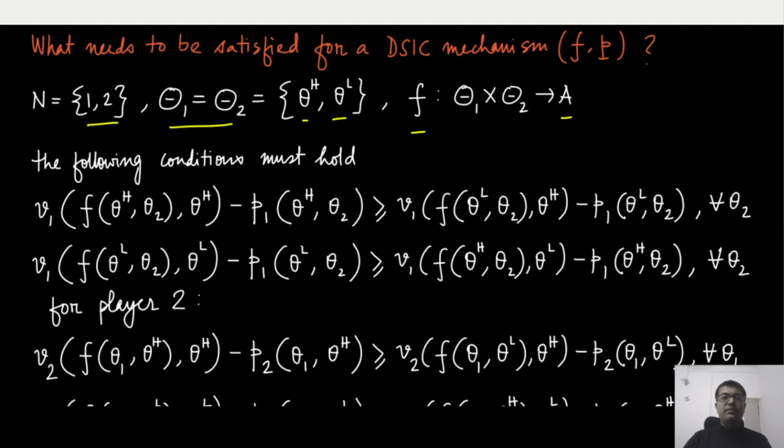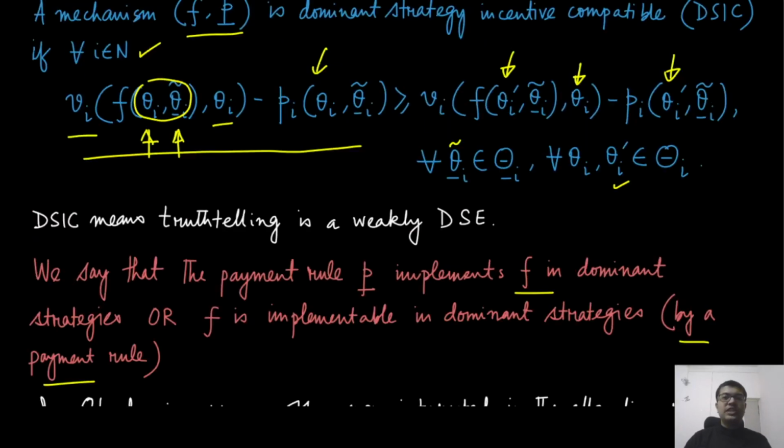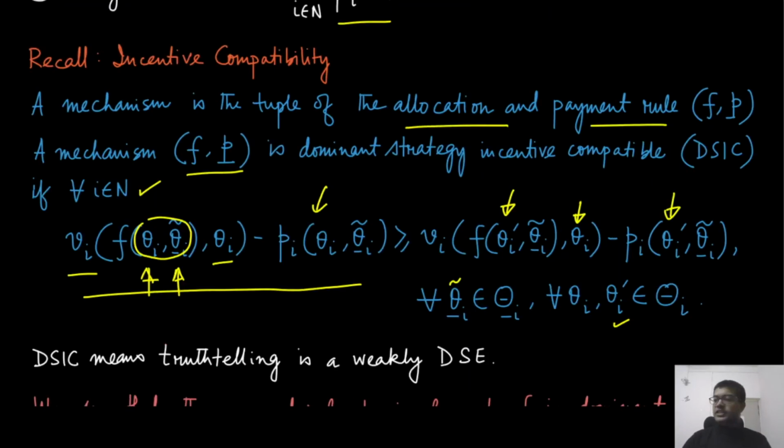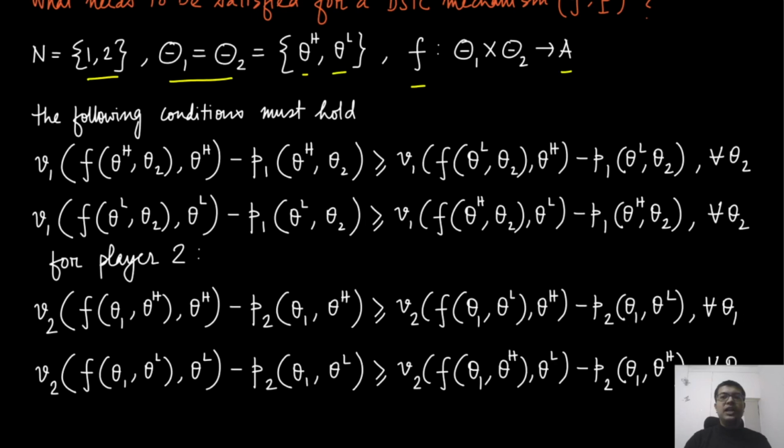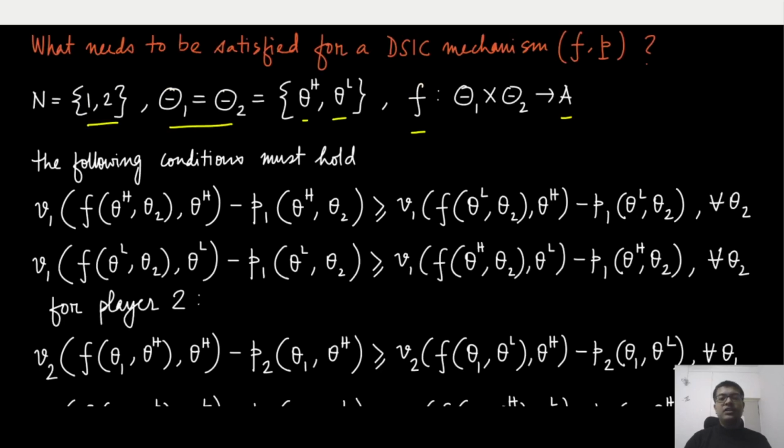Now what is the meaning if you expand out this expression of incentive compatibility? What do you get in this context? This is just an example to understand the set of inequalities that we need to satisfy for that.